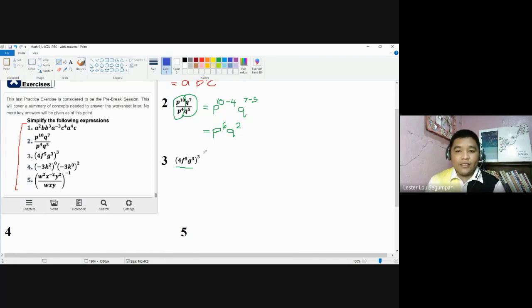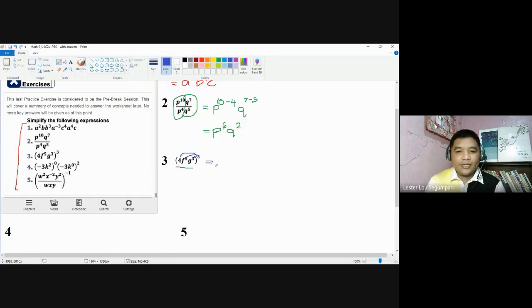Power law tells us that if an exponentiation is again raised to another exponent, we can simply share or distribute the exponent to all terms, and the operation will become a multiplication of exponents. Again, it's not multiplication of terms. The terms are being raised to another expression, then we multiply exponents.